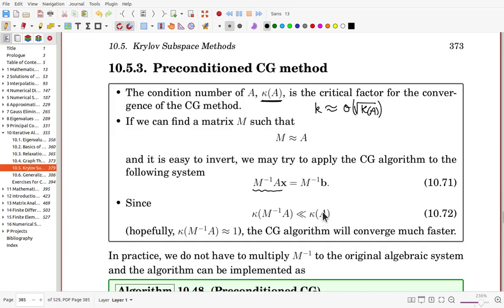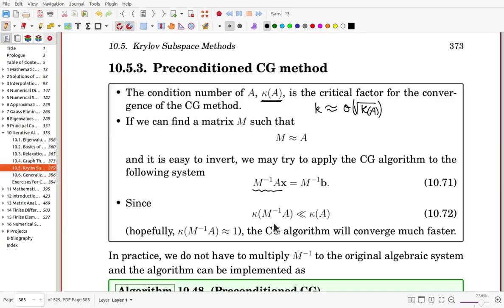For the network example, the number of iterations required is on the order of 100. But if you can choose a good M such that this system has a condition number of, for example, on the order of 10 or way smaller than 10, then the number of iterations is really way smaller. The square root of 10 is around 3 or 4, which means that you can get the solution after a few iterations.